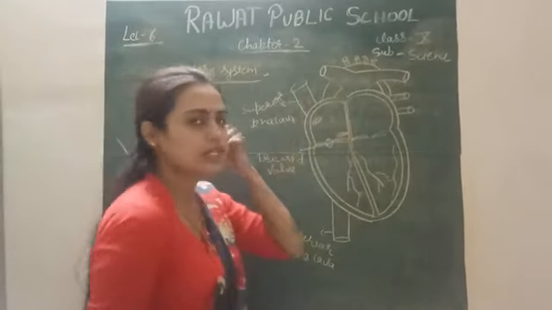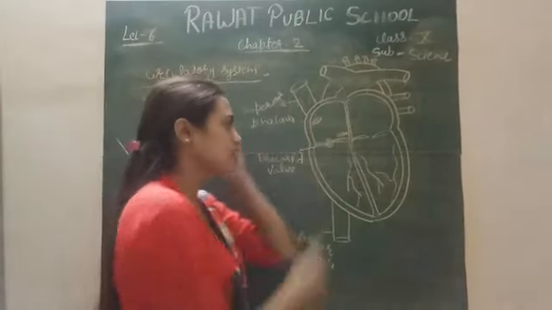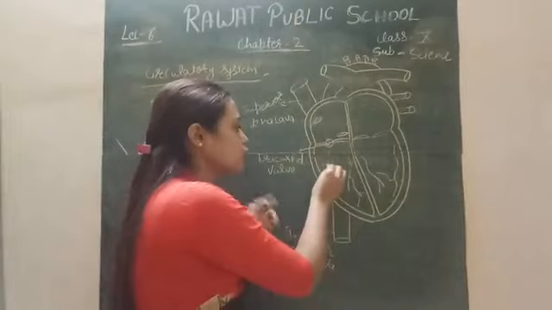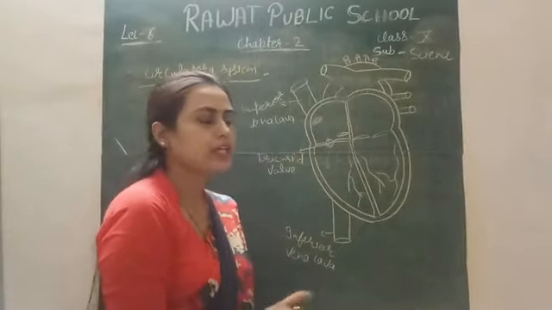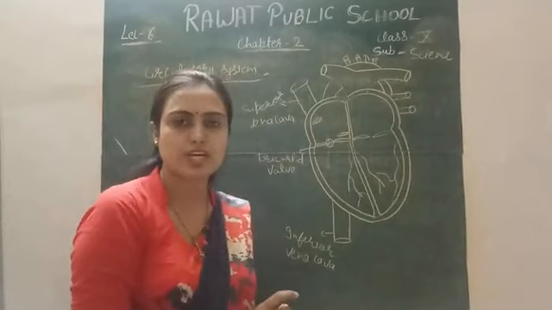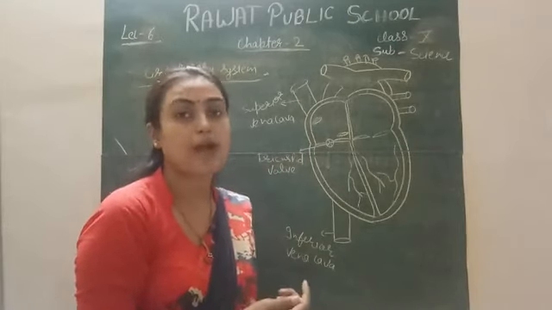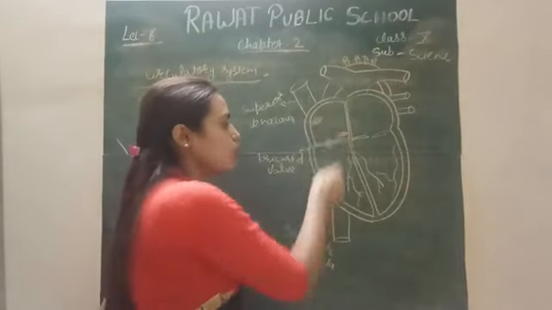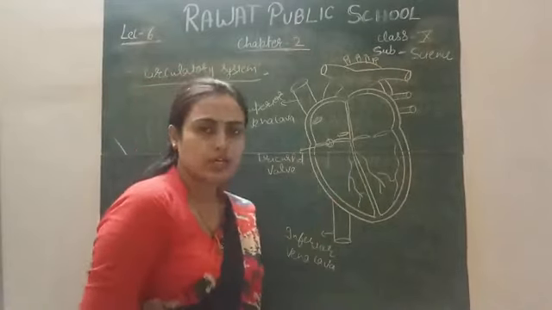When the pressure of deoxygenated blood increases here, this valve opens and the deoxygenated blood goes into the ventricle with the help of this valve. This valve has a special capability which does not allow the backflow of blood. It means when the blood goes from here to here, there is no backflow from the ventricle to the auricle.